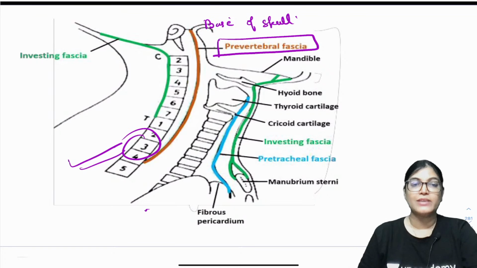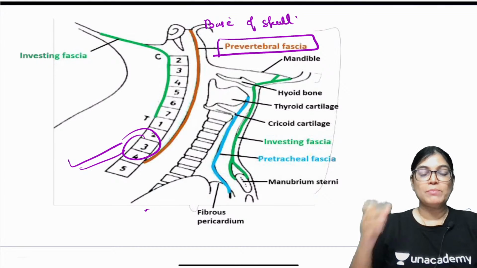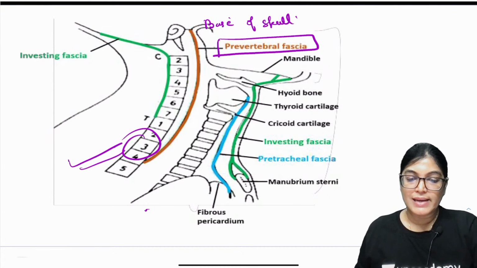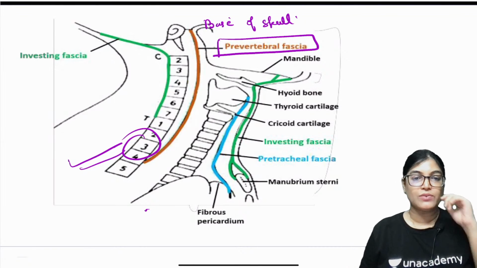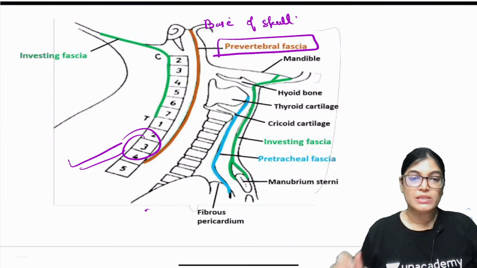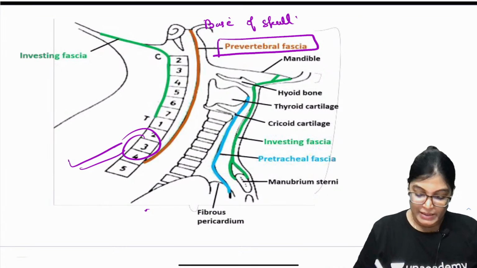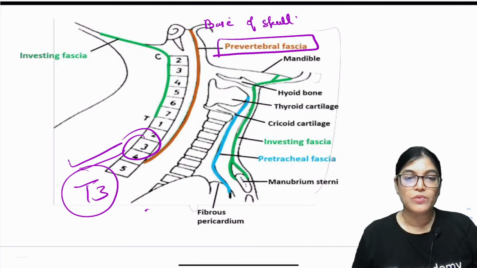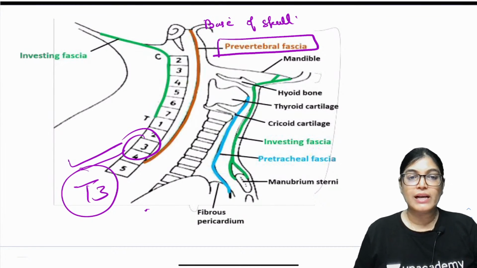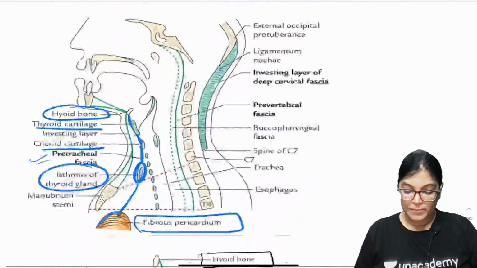So from the base of the skull it extends and blends with the anterior longitudinal ligament of the upper 3 thoracic vertebrae. In most cases upper 3 only, otherwise it can merge with the upper 4 also at times, but T3 is most important. Till the level of T3 it merges with the anterior longitudinal ligament. Okay.